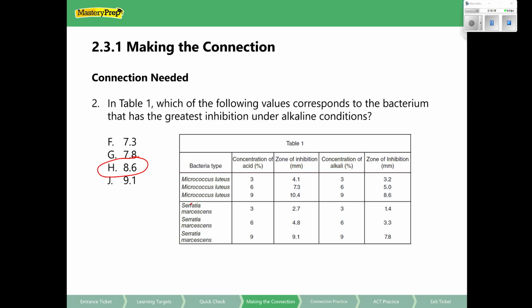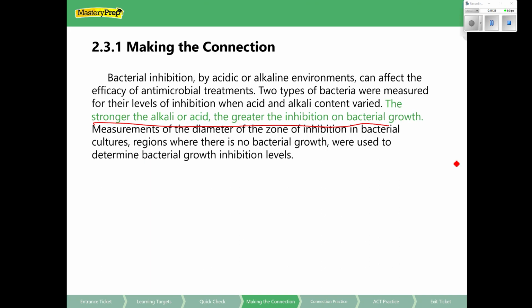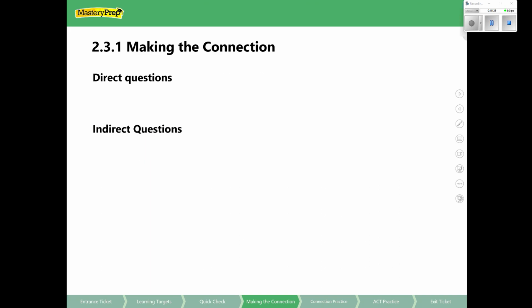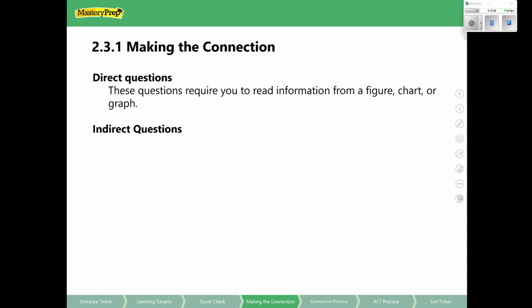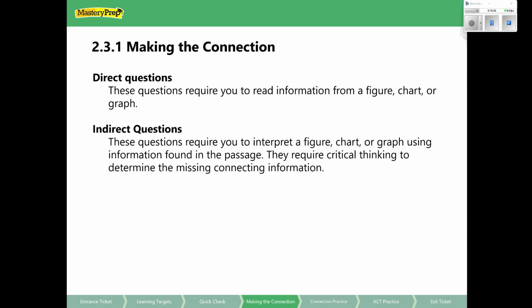Questions on this here? So there are two main types of questions on the test. There are direct questions. These questions require you to read the information in a chart or graph. That's where the information is, like the first one we had. We looked straight at the chart or graph and got it. And indirect questions. These questions require you to interpret a figure, chart, or graph using information found in the passage. They require critical thinking to determine the missing connecting information.